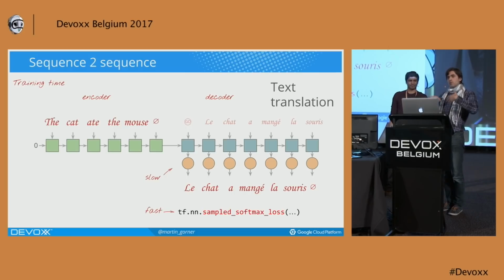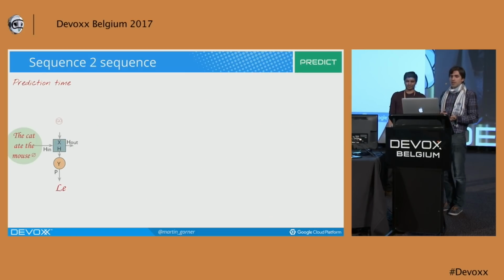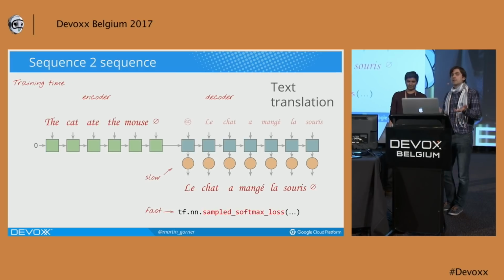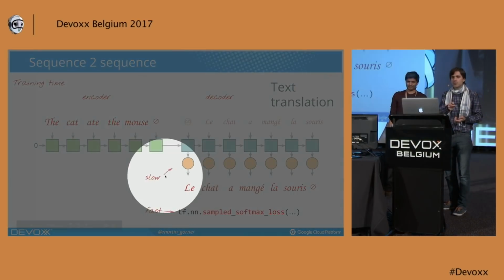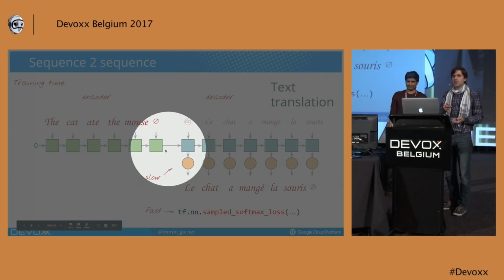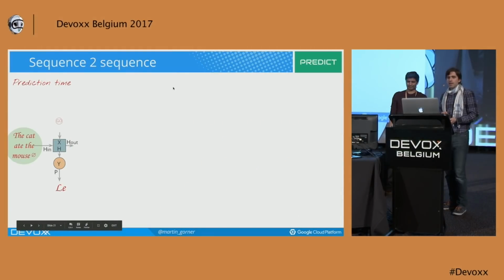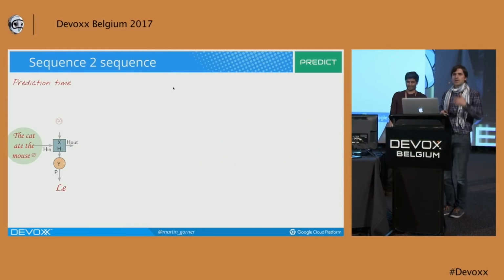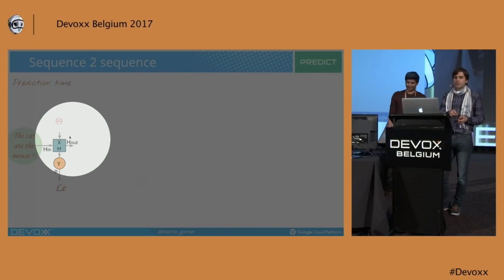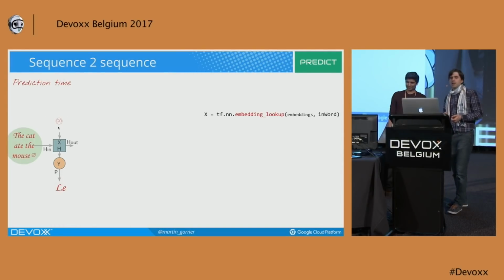During inference, so when you are actually predicting something, it's a bit more complicated. So once you have trained this network to actually translate a sentence, you feed into the encoder, the cat ate the mouse, and you have an output vector here. Then let's look at it through code. I like reading code. I'm a developer. Then I will feed this input vector into my first decoder cell.